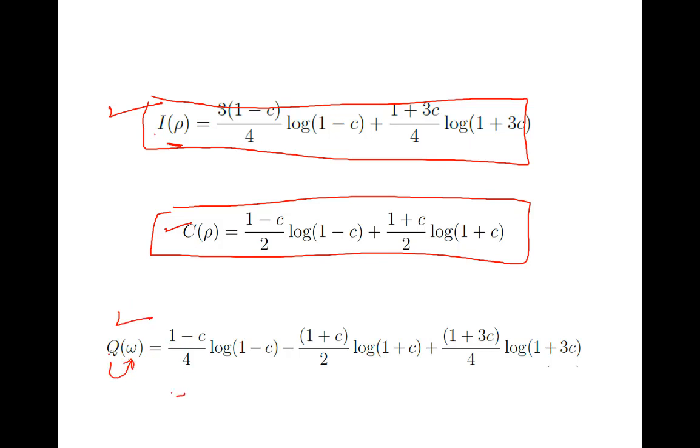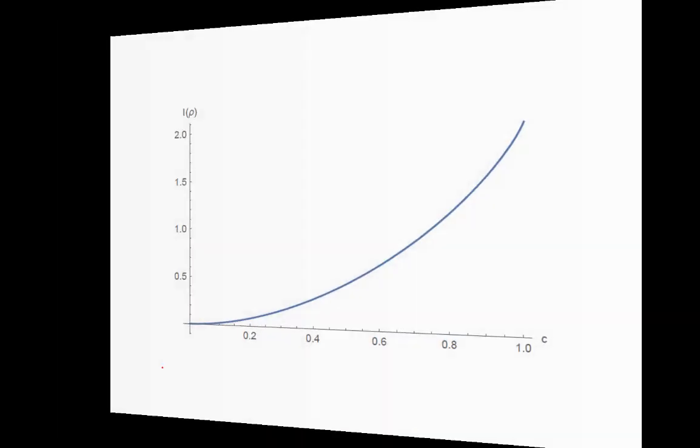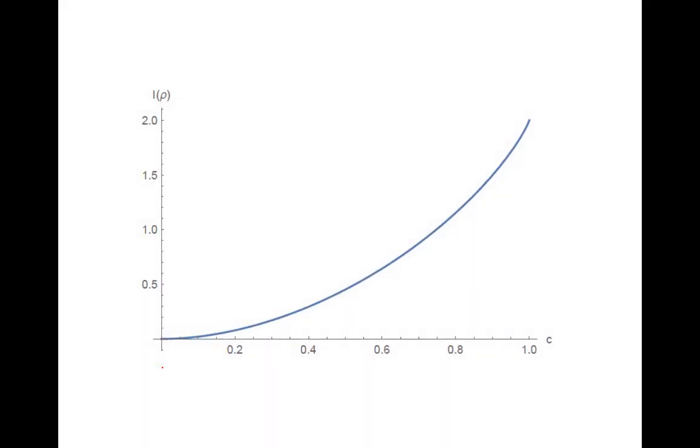And if you set C equals 1, then you will get the quantum discord for Werner states with purity 1, meaning this will give you the quantum discord for Bell states. And this is the quantum mutual information. Here the quantum mutual information has maximum value 2, so I of rho is 2.